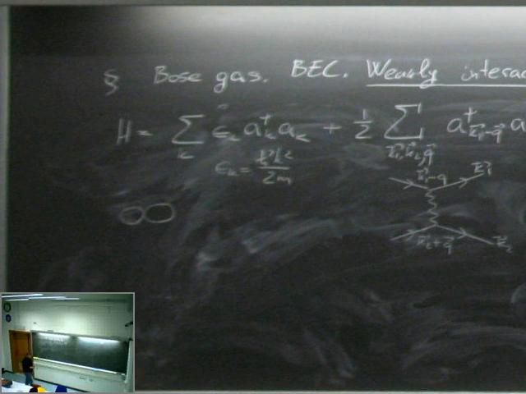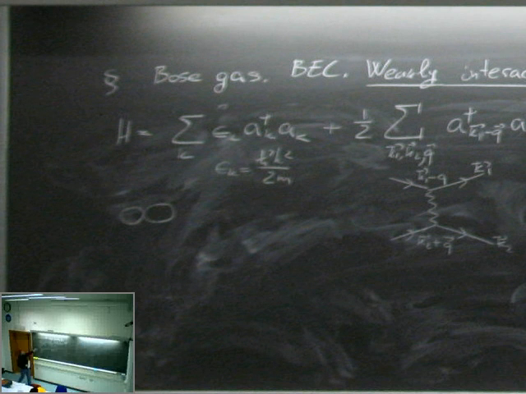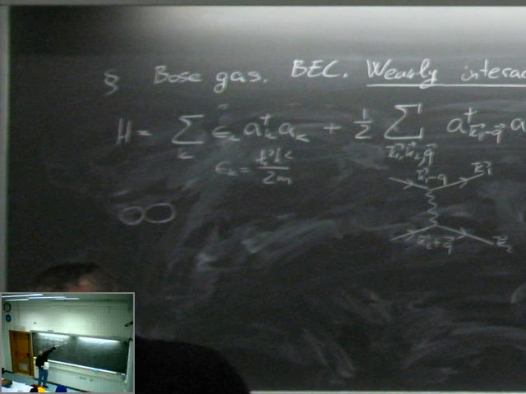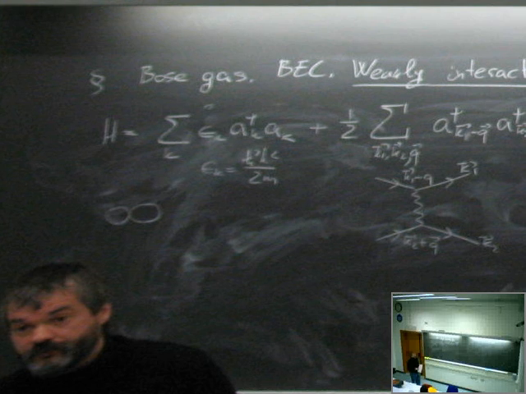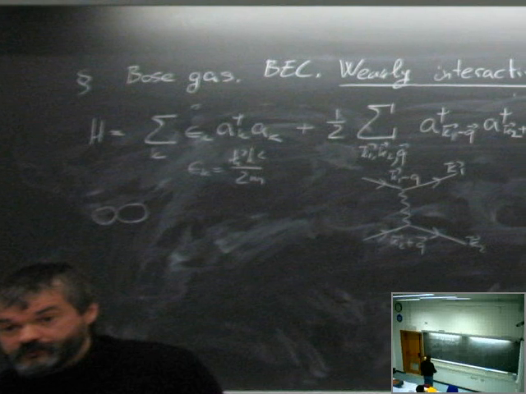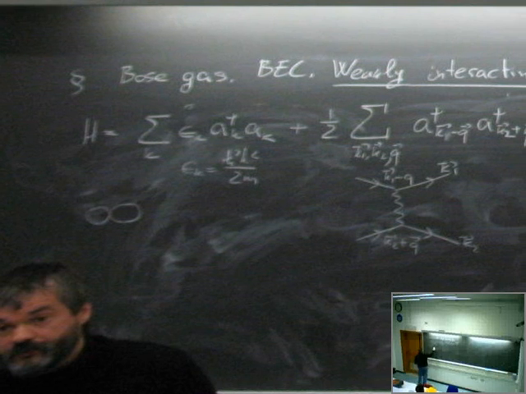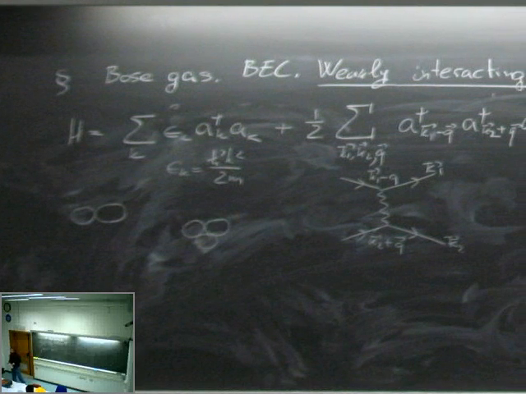As I said, only two-particle collisions are taken into account. Of course, it's natural to confine our Hamiltonian to this term. Why? Because any higher-order collisions, for example where three particles collide, are less probable in a dilute system.